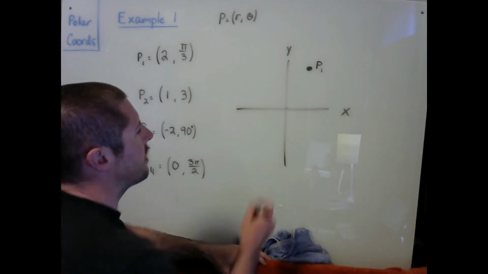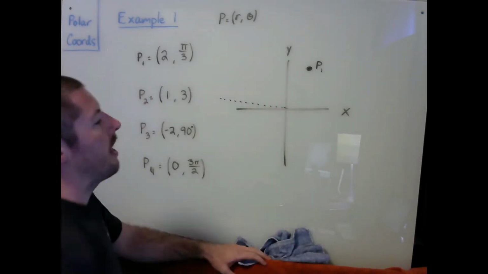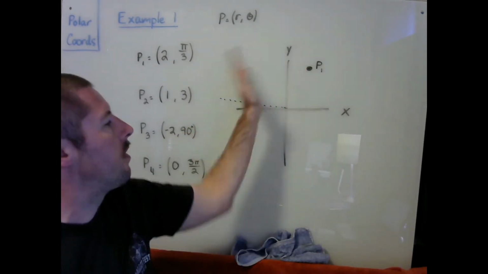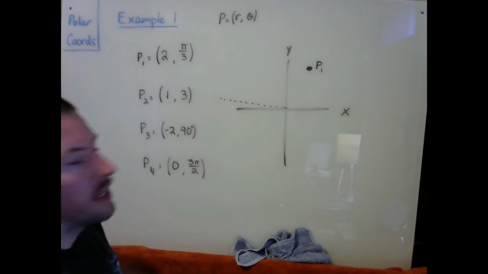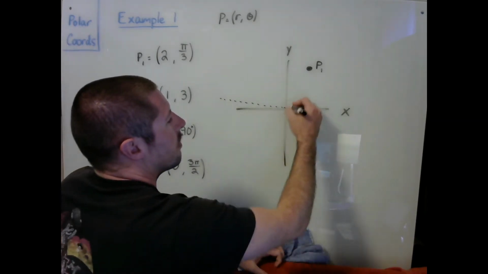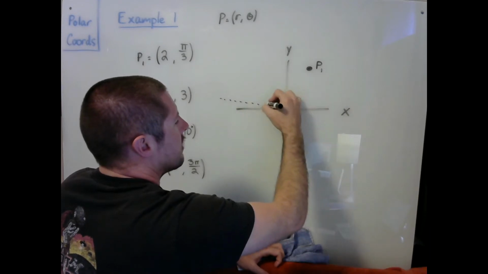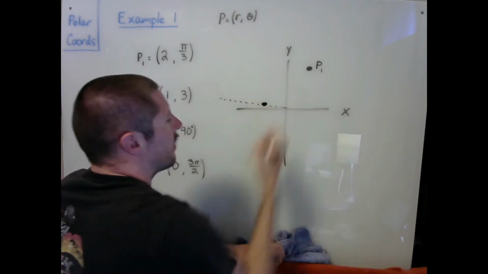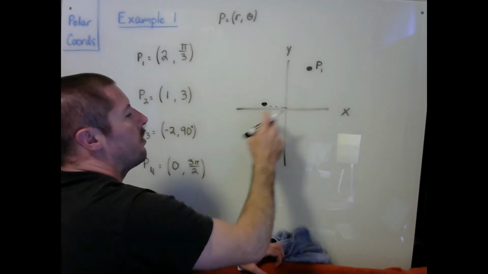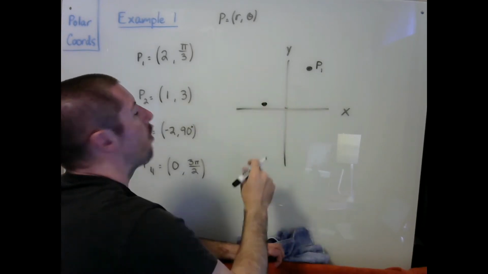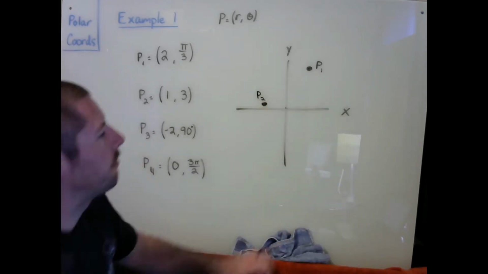So I'm picturing to myself that 3 radians should be like on that line right there, since 3.14 radians is all the way to the axis, and we would like to travel only 1 unit along that line right there. So if this distance was 2 units, then we should be only going half that distance here to get to our point right here. I think that that right there is a good representation of our point that is associated with (1, 3) in polar coordinates right there. So I'll go ahead and identify that as P2.